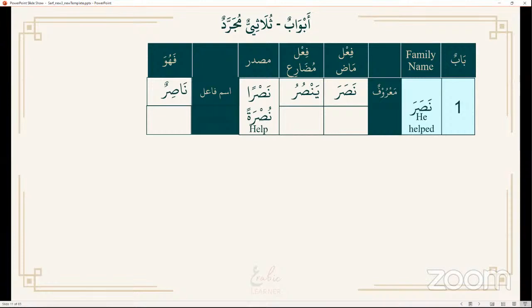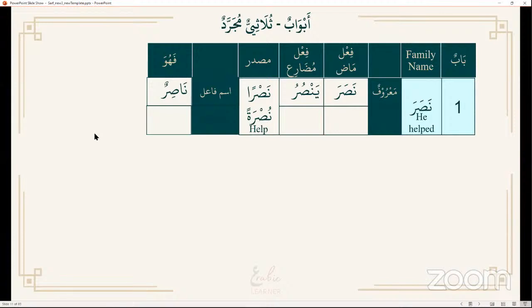Is this clear? I've added Ismul Fa'il as an extra member. Till now we had 3 members in the family: Fi'lul Madi, Fi'lul Mudari, Masdar. Today we added Ismul Fa'il. Is this clear? Okay. Alhamdulillah.